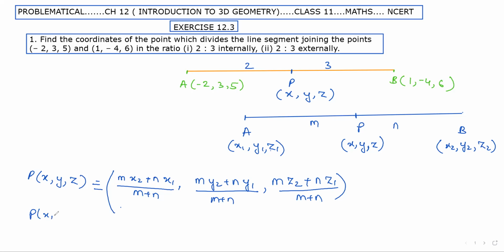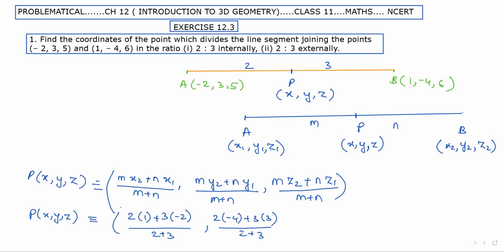So P(x, y, z) will be equivalent to 2 into 1 plus 3 into -2 upon 2 plus 3, 2 into -4 plus 3 into 3 upon 2 plus 3, comma 2 into 6 plus 3 into 5 upon 2 plus 3.